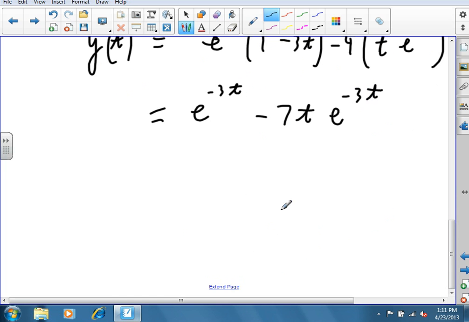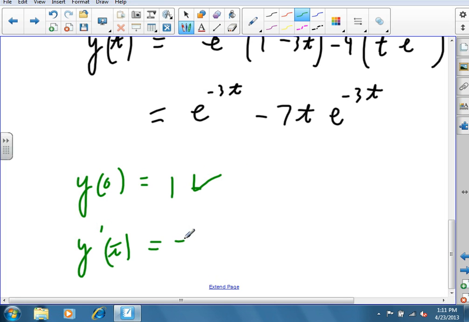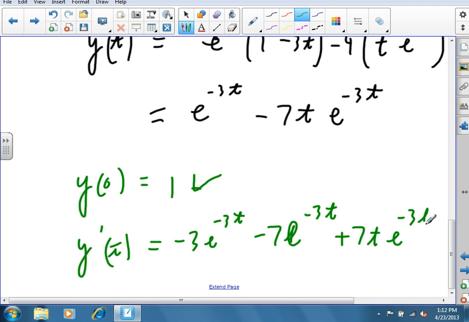Alright, now we're going to check our work. Y at 0 is supposed to be 1, and it is 1. Check. Y prime of t is minus 3 e to the minus 3t minus 7 e to the minus 3t plus 21t e to the minus 3t.